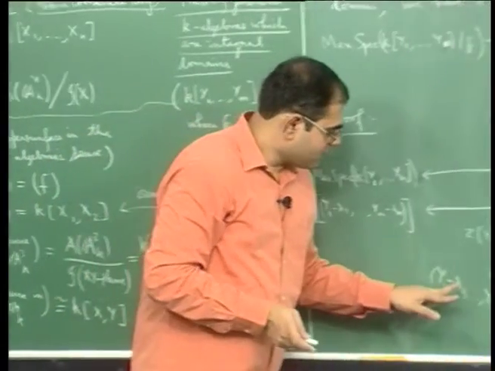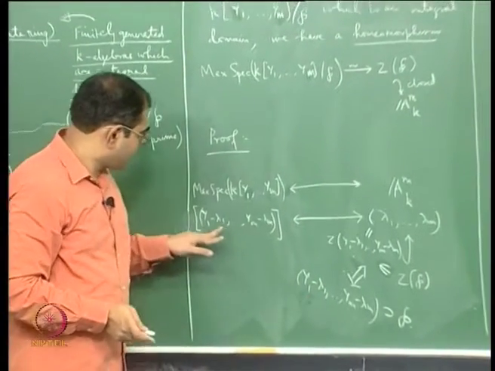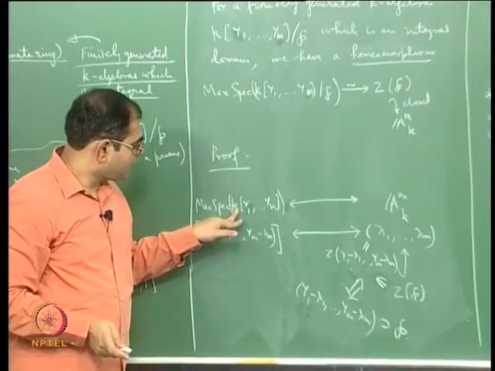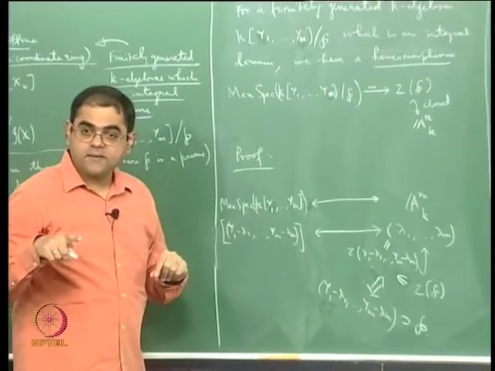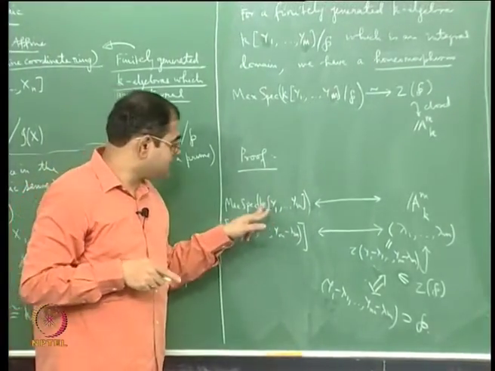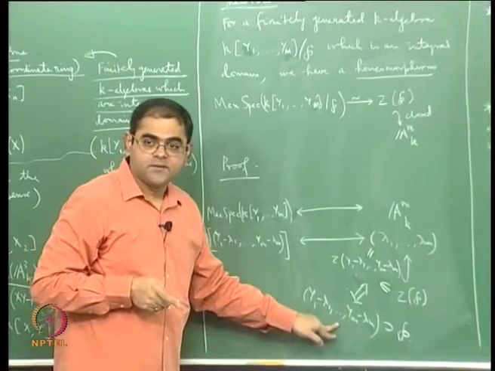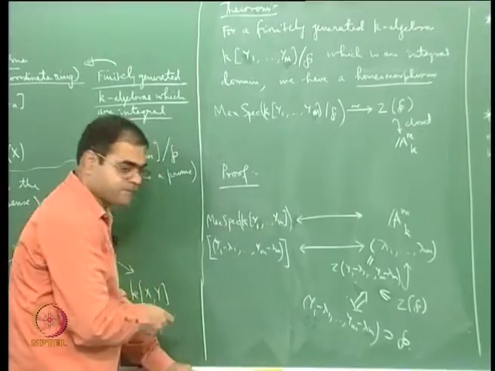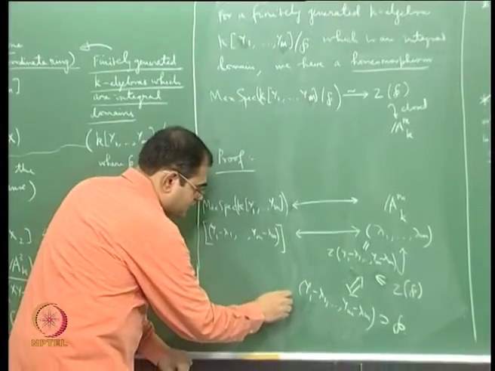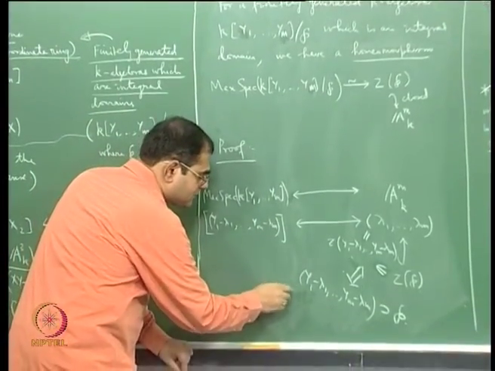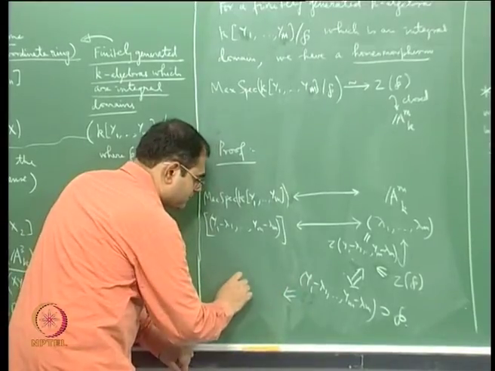So the maximal ideals in K[y1, ..., ym]/P are precisely the maximal ideals in K[y1, ..., ym] which contain P, okay. So this will imply the proof, okay.